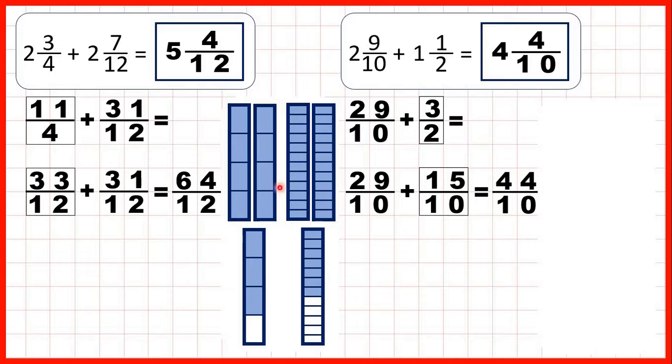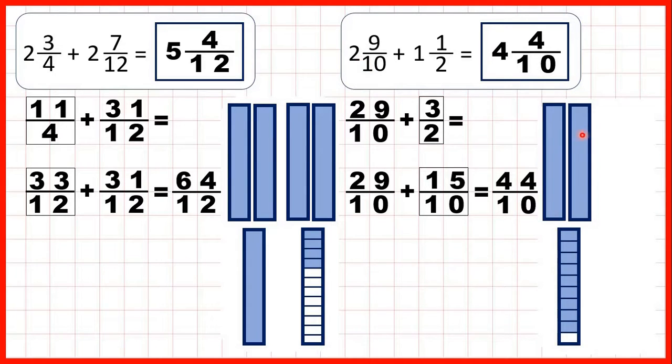But to add fractions, we need the denominators to be the same, so we changed those 11 quarters into 33 twelfths, which meant that we had 64 twelfths altogether. But to turn that back into a mixed number, we divided 64 by 12, and that's 5 remainder 4. So, as a mixed number, our answer is 5 and 4 twelfths.